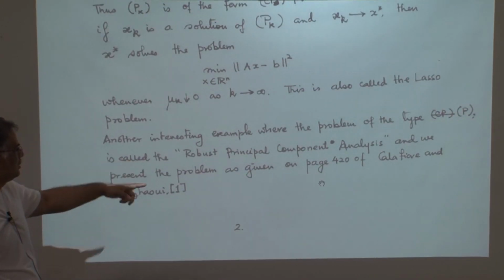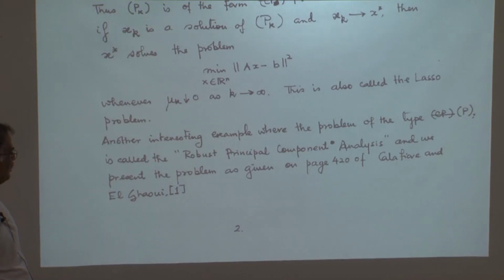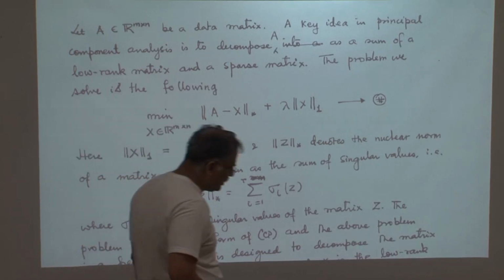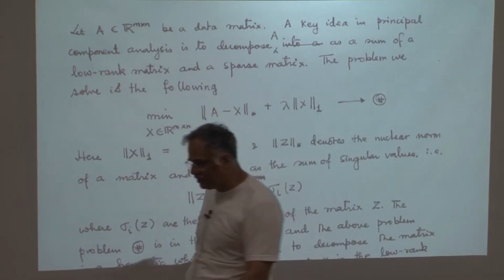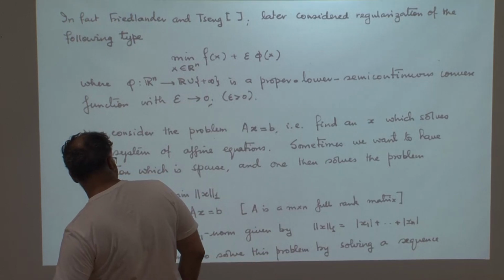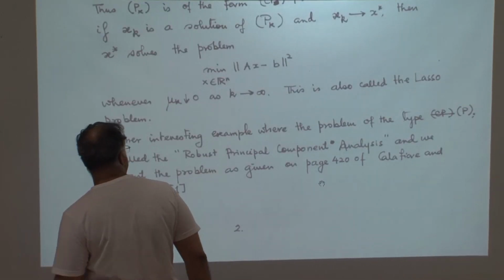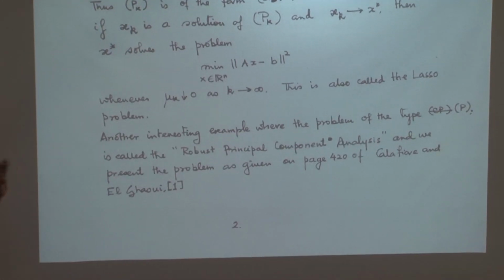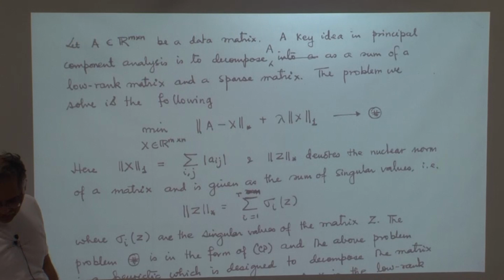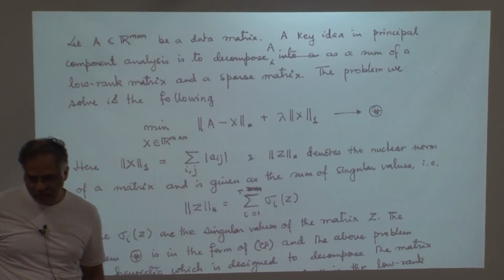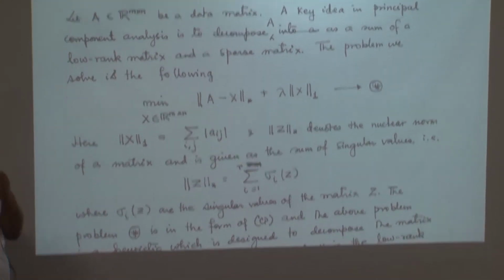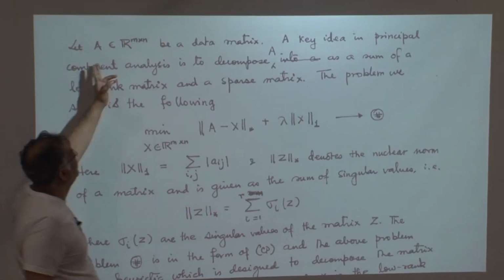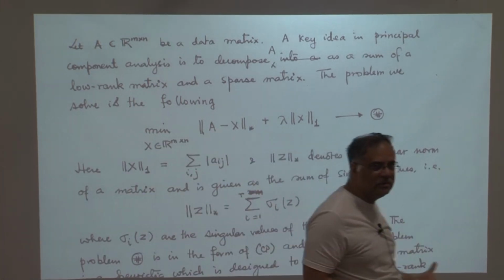Here we have another interesting type of example. This problem is called robust principal component analysis, and let us see what it means. You have an m cross n matrix which has some data.